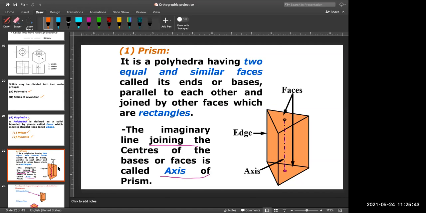As in the previous slide, I told you the definition that polyhedra is a solid bounded by planes called faces. So here I will highlight this. These are your faces, side faces, rectangular faces.